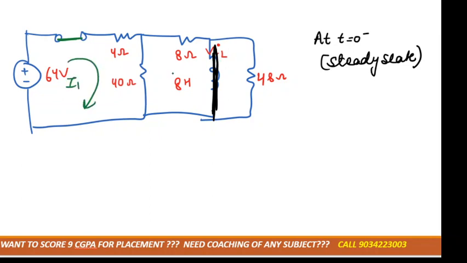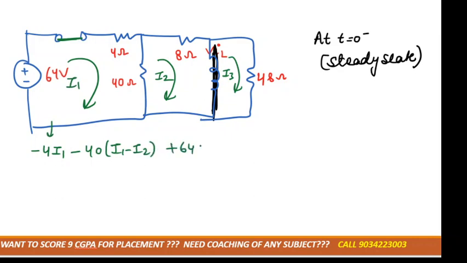How many meshes are there? I1, I2 and I3. Now we can write the three equations. Tell me the mesh 1 equation. It is I1 only. Second mesh equation.